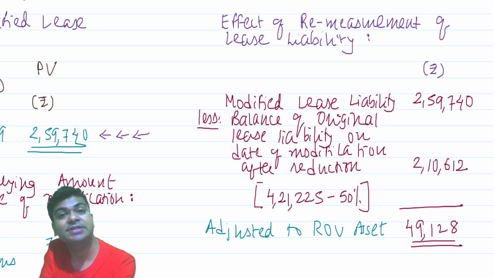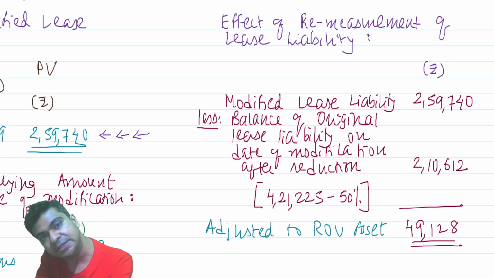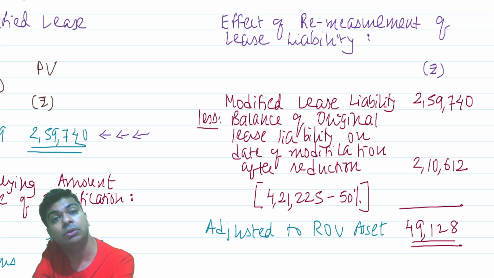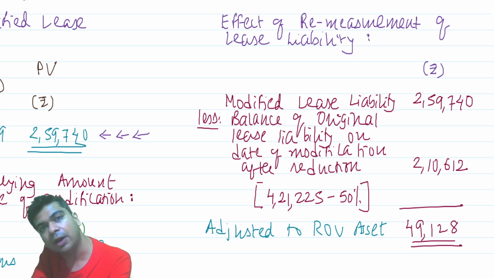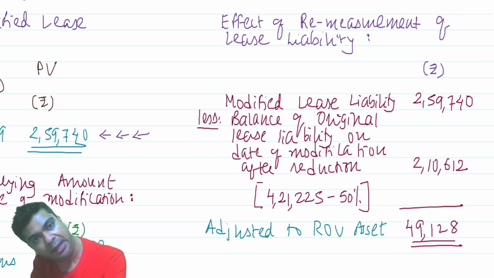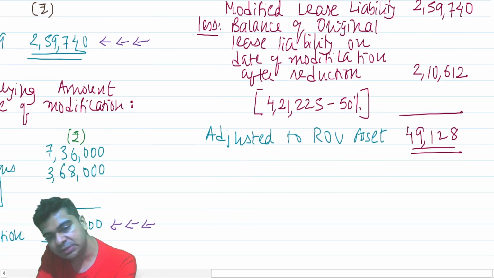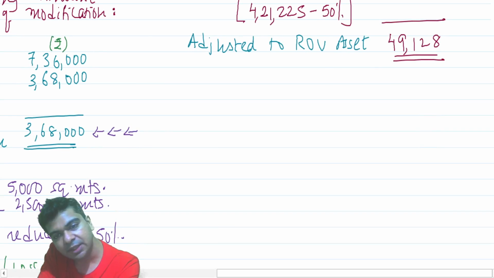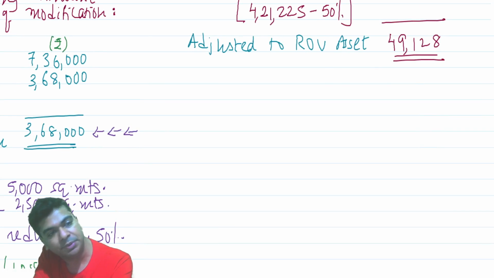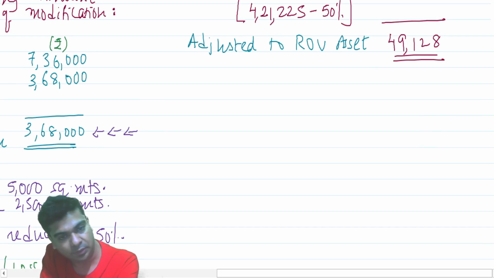You are increasing the liability this time, and this increase in liability will be through the increase in the ROU asset. Asset is increasing, debited; liability is increasing, credited. So if you are asking what the accounting entry is, it is very simple.